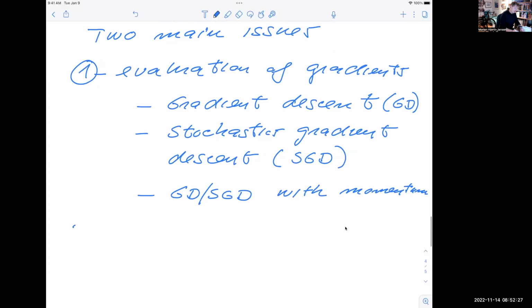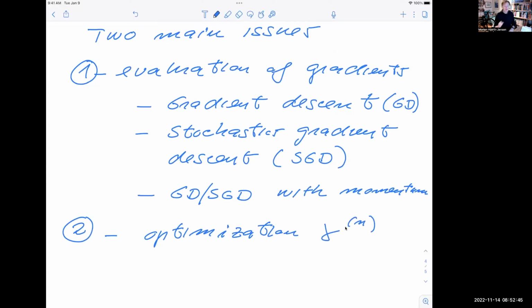And then the other topic is an optimization of the learning rate, the optimization of this parameter gamma of n. This can be done in many different ways. And these two combined, if you can cook up something really smart, as I mentioned when we met last time, you would be getting many more friends.